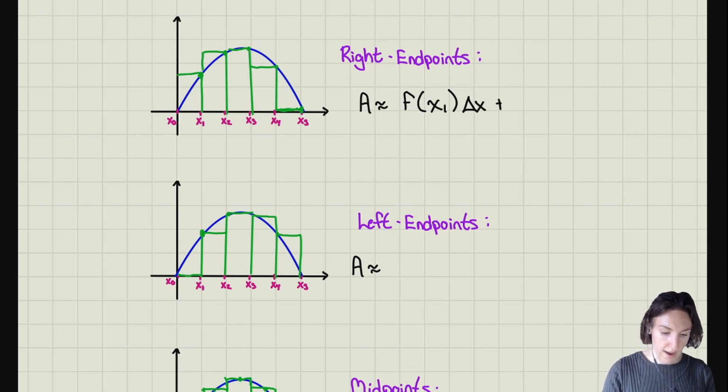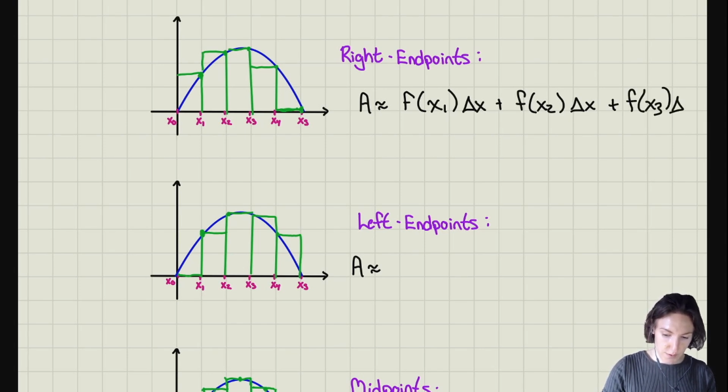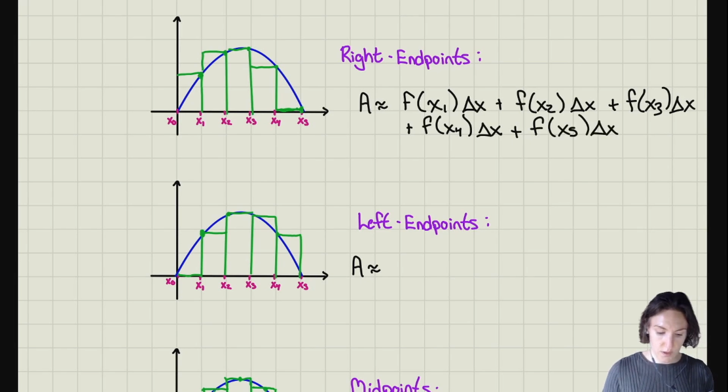Then for my second rectangle, the top is defined by f of x2, delta x. For my third rectangle, I'll have f of x3 delta x, then f of x4 delta x, plus f of x5 delta x.